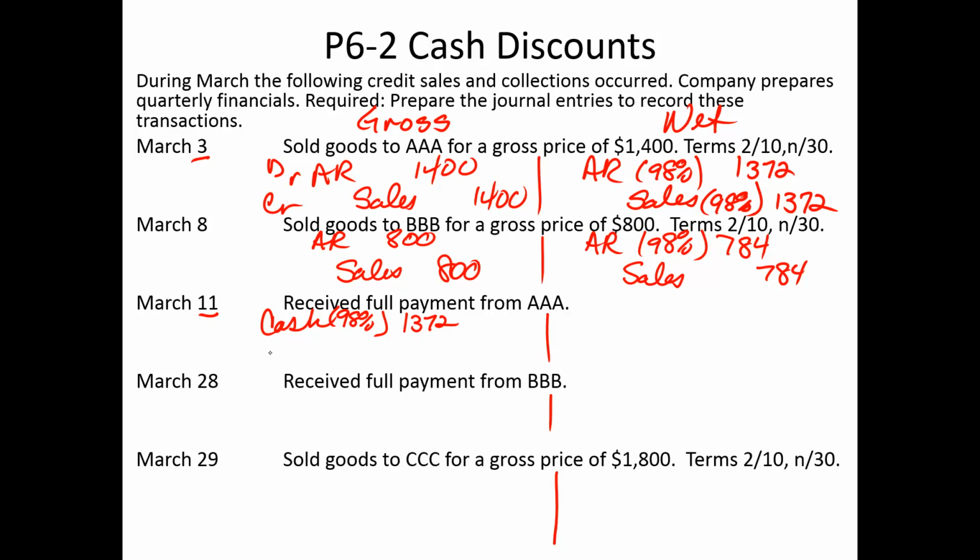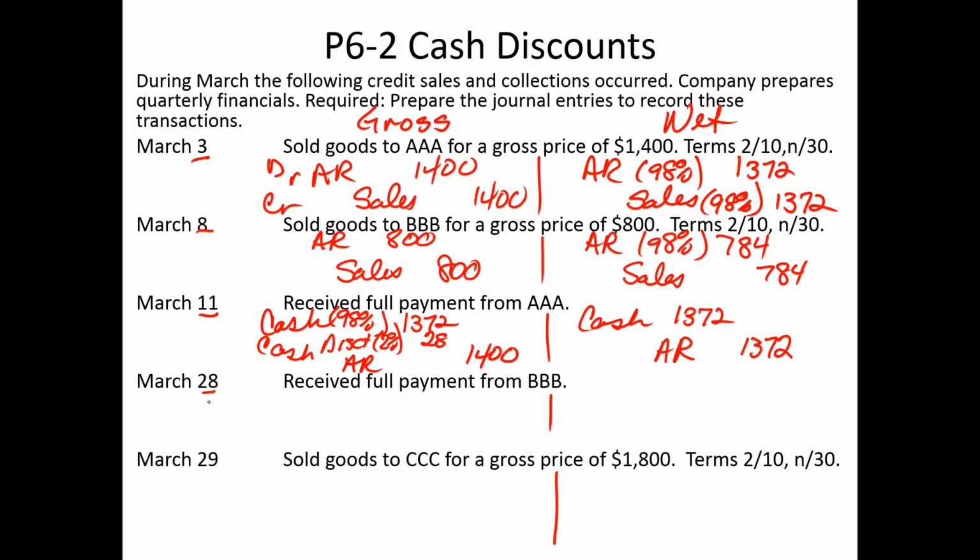You're going to have a contra revenue account called cash discount for the 2%, and the 2% is $28, and you'll credit accounts receivable for the $1,400. But under the net method, it's simply debit cash for $1,372 because you assumed they were going to take advantage of your fabulous credit terms, and credit accounts receivable.